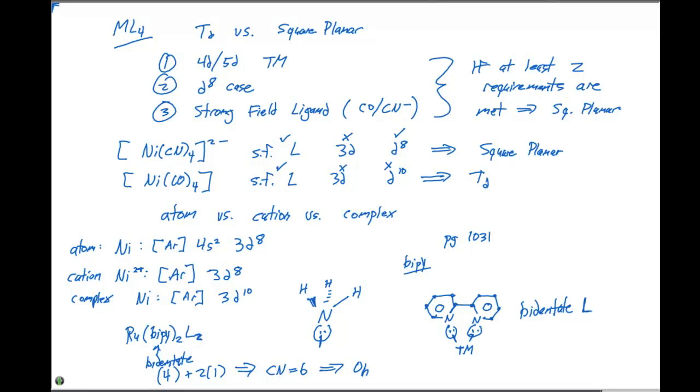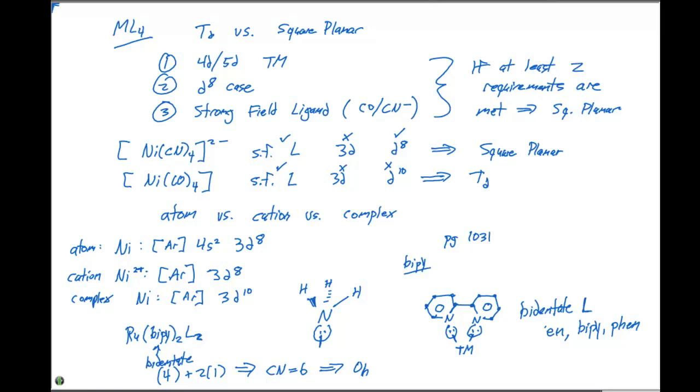So all of the bidentate ligands in this chart are going to occupy more than 1 bonding site. The common bidentate ligands are en, which is ethylenediamine. There's Bipy. There's phen, or phenanthroline. And there's a wide variety of these ligands on that table.